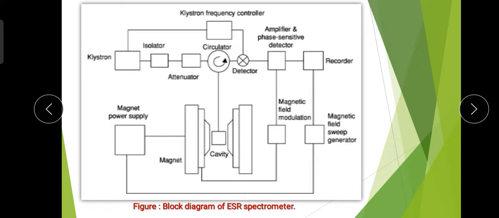These are the different components used to obtain the ESR spectra, and with the help of all this assembly we are able to observe this ESR spectra, and we can study the characteristics of an individual sample or material with the help of the ESR spectrometer. So this is the block diagram of the ESR spectrometer.